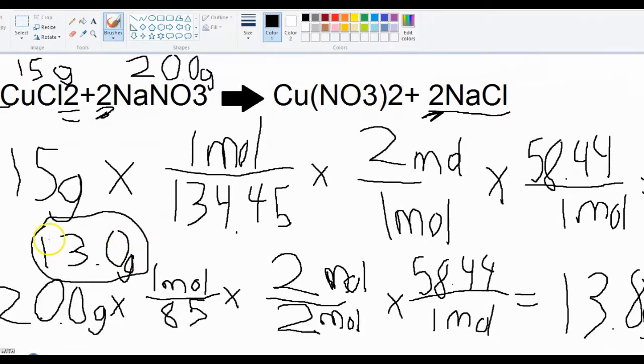That means this is going to run out first, and the other is going to take a little bit more time. So overall, this is going to run out quicker. That is how you find the limiting reagent when you are given two different masses.